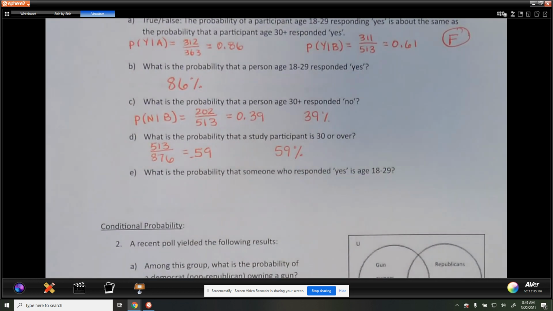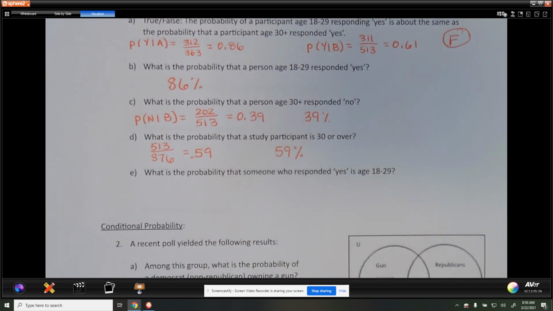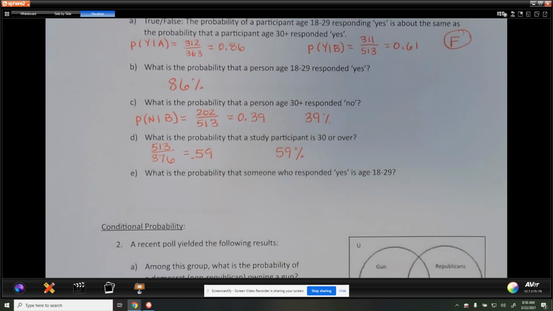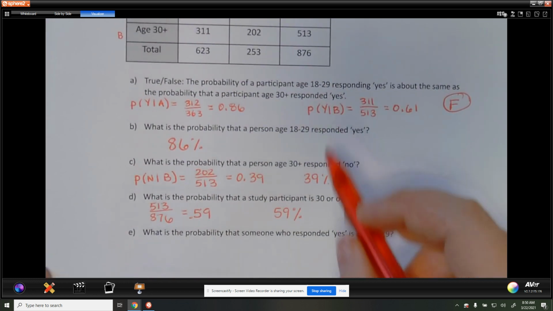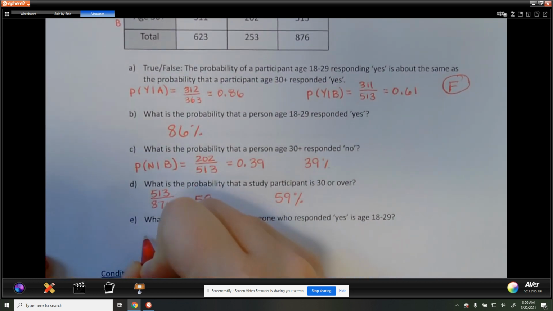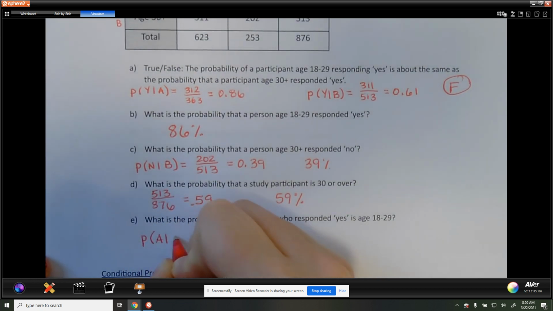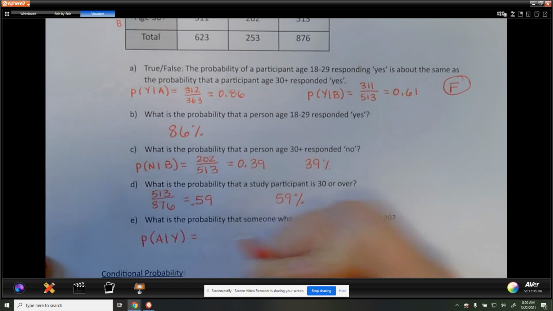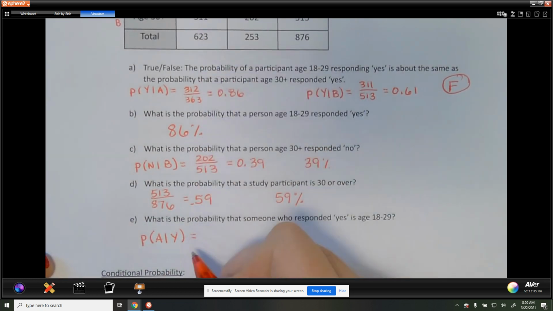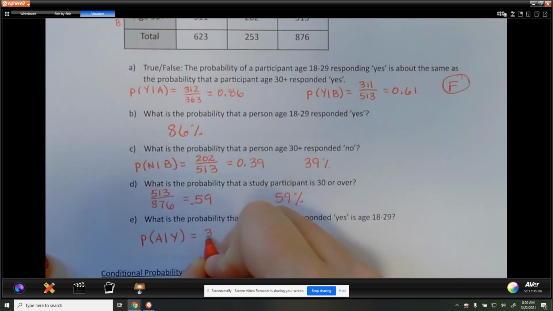Okay. And then the last one, what's the probability that someone who responded yes is age 18 to 29? So now this is switching the given. So this is saying, all right, let's find the probability that they're 18 to 29, given that they responded yes. All right, so the overlap is still 312.